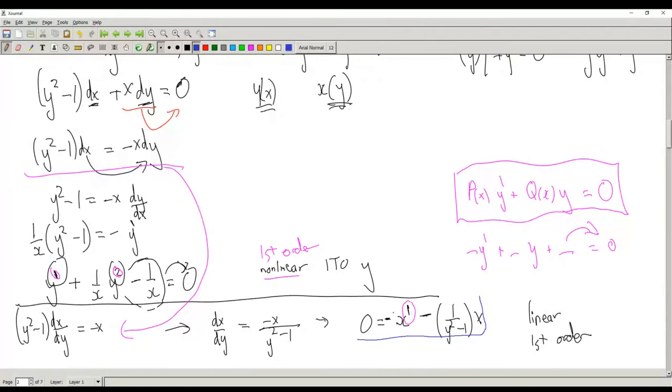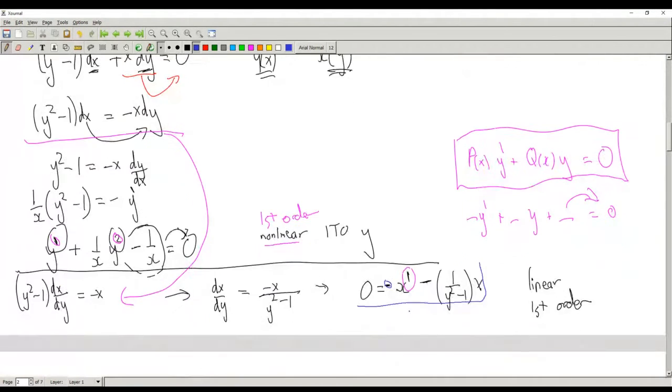This minus 1 would be your p, and then minus 1 over y squared minus 1 would be your q. And x prime is to the power of 1, x is to the power of 1, so it's linear, and it's first order because we only have up to 1 prime.